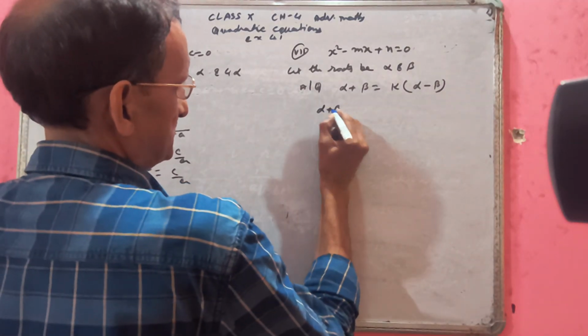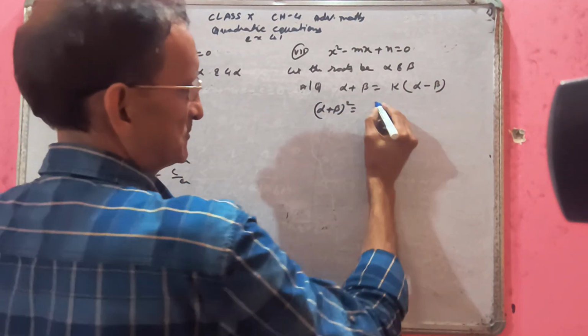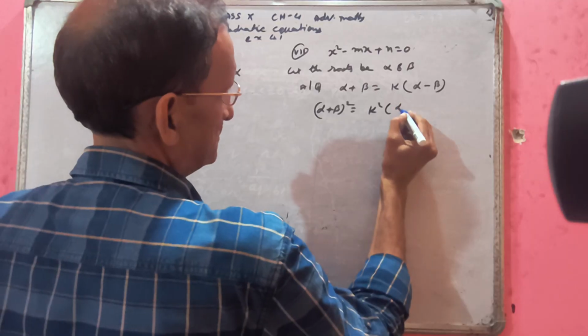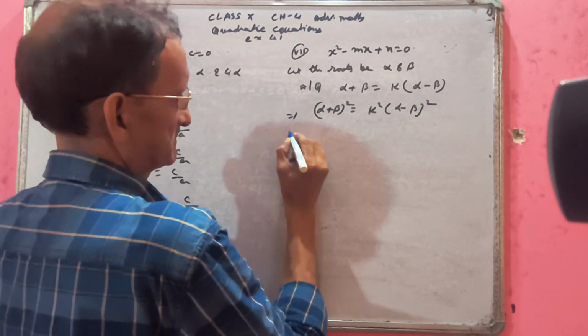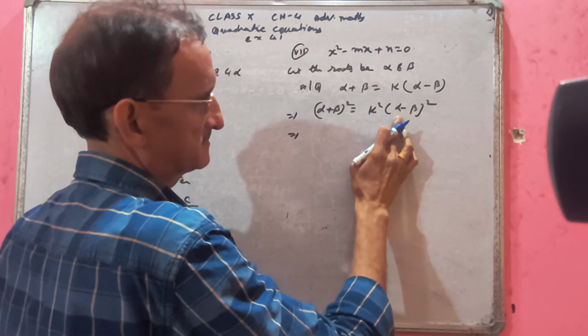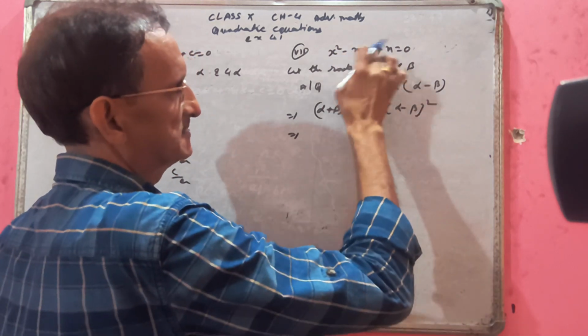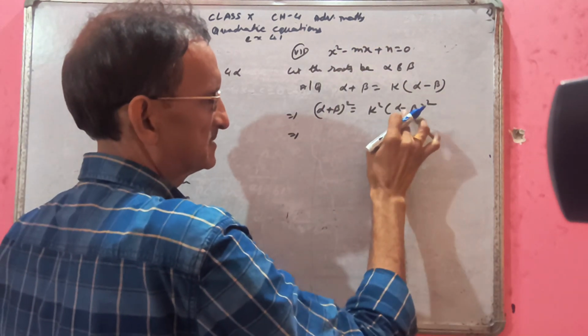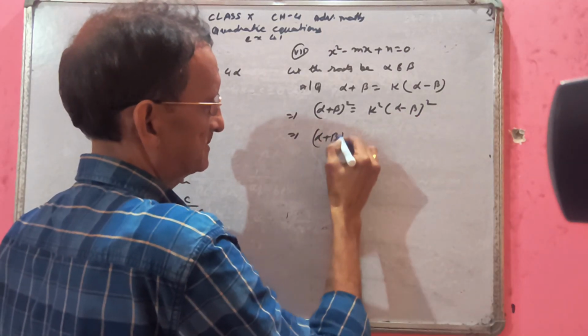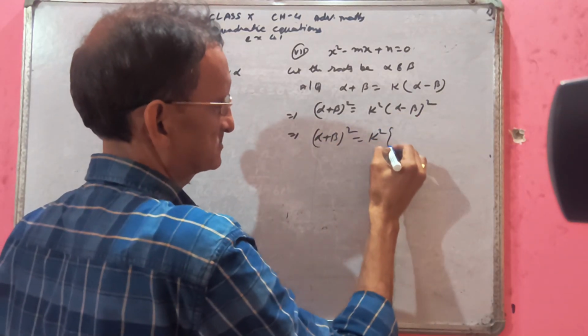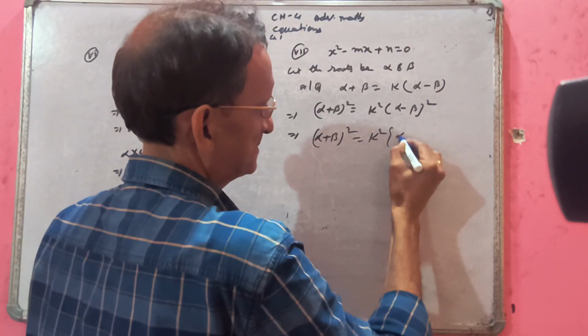So alpha plus beta whole square, when we do squaring, what will you get? k square into alpha minus beta whole square. See, we have no relation of alpha minus beta with the coefficients. So can you convert this to alpha plus beta? Alpha plus beta whole square equal to k square into alpha minus beta whole square.